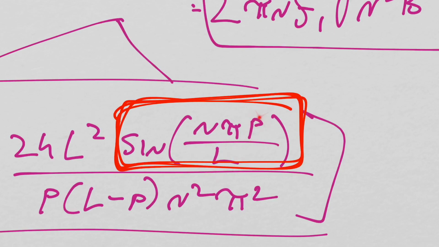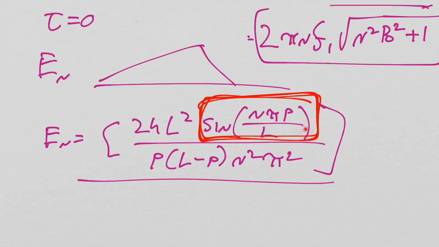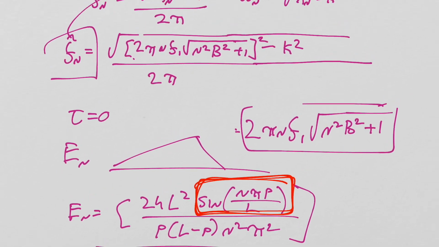So this number is less than L, and it's some fraction of L. If this is halfway, it's L over 2, this sine is going to cut back the amplitude of the vibration. And if you pick directly over the node of a mode, that mode won't sound at all. This is the piece that eliminates that. Something we might talk about later.